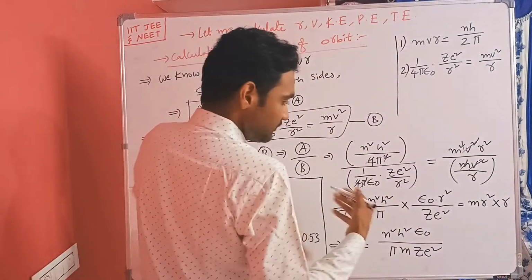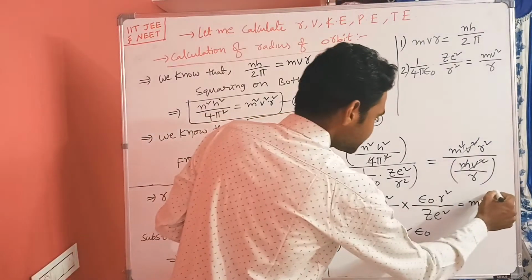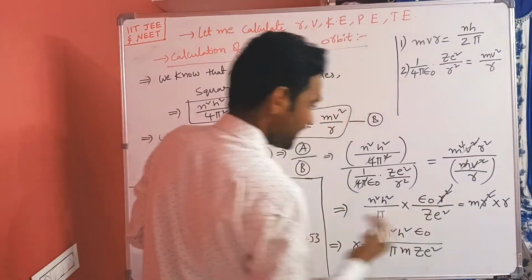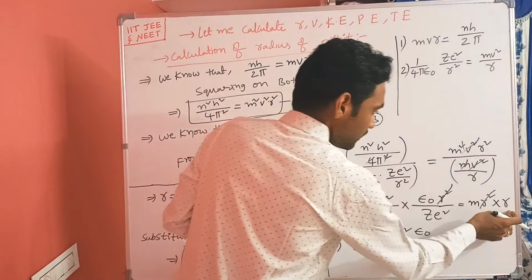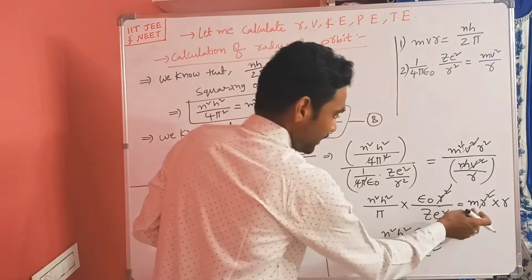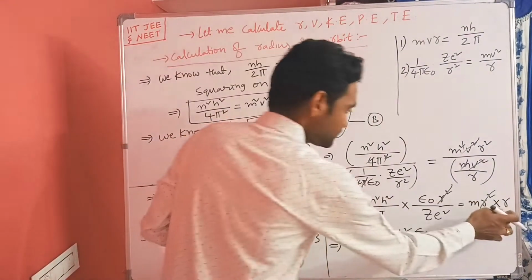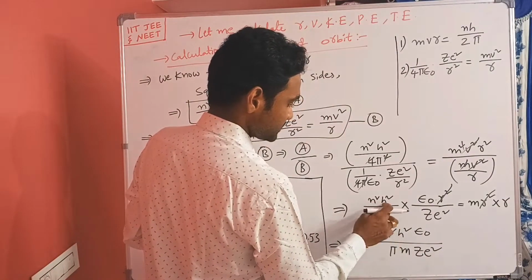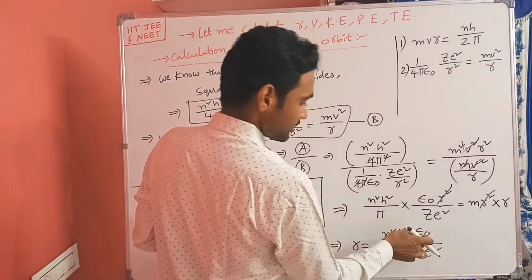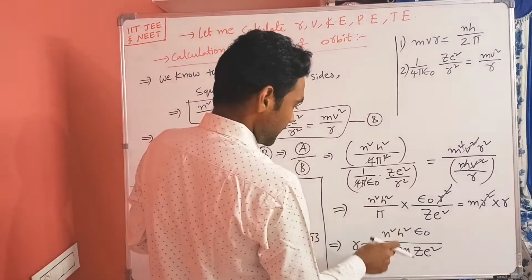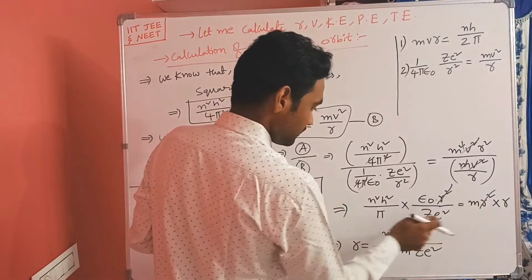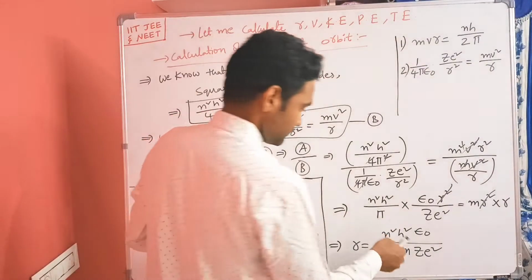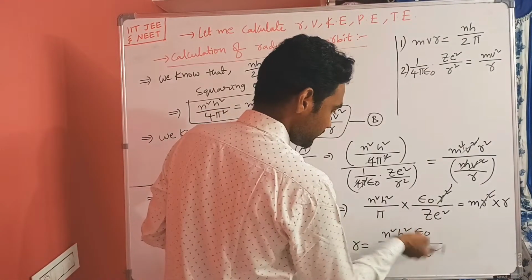Now here again this r square will cancel. Now r value: this m you have to send this side. Now r is equal to n square h square epsilon naught by pi m z e square.